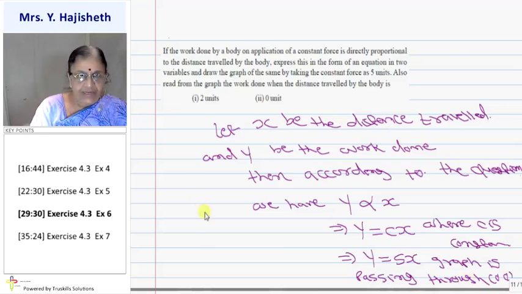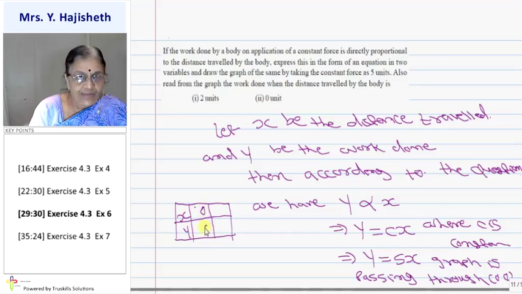If I make the table here, since the graph has been asked, let us draw the table. x, y. x is 0, y is 0, x is 1, y is 5. So 0, 0 and 1, 5 are 2 solutions, and 2 solutions are enough to draw the graph.